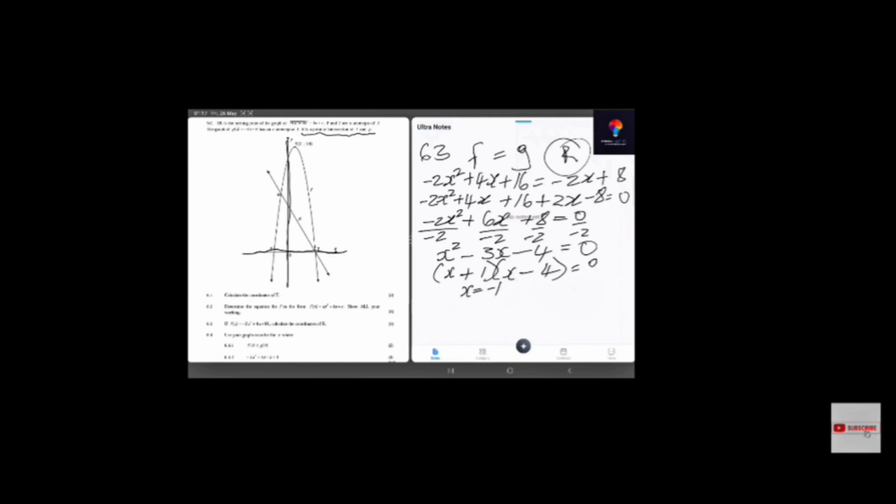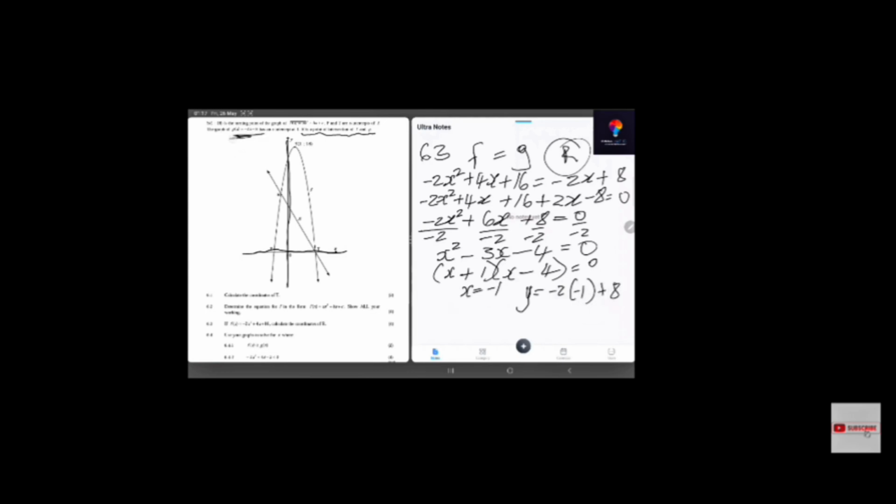So I'm going to use minus 1 in this case. For us to get the y coordinate, we say y is equal to minus 2x plus 8. We replace x by minus 1.